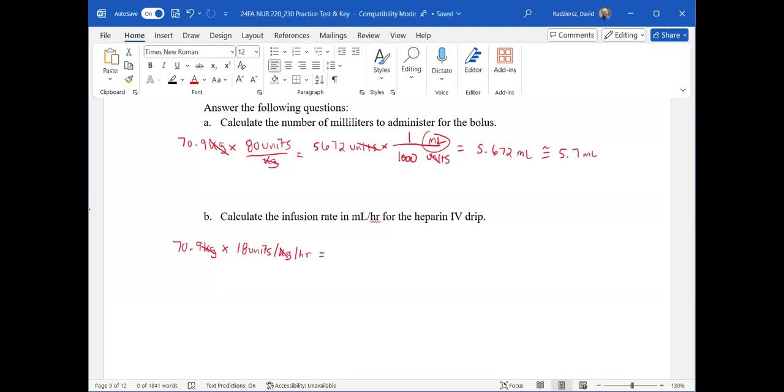So 70.9 times 18. And I'm going to get 1,276.2. 1,276.2. And this is units per hour.